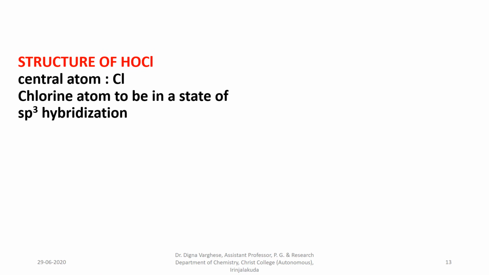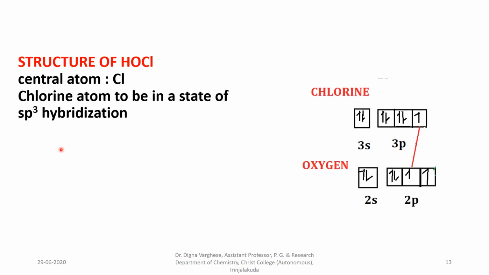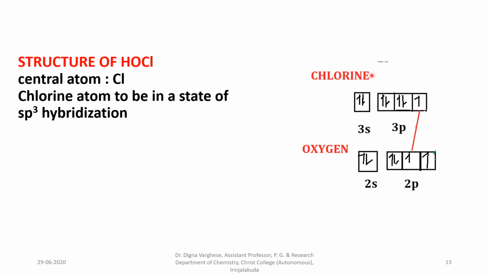Structure of HOCl or hypochlorous acid. Central atom is chlorine and chlorine atom to be in a state of sp3 hybridization. The chlorine atom, the ground state having the outer electronic configuration 3s2 3p5, and here the half-filled configuration in the ground state, so it has connected to the oxygen atom and forming a sigma bond.